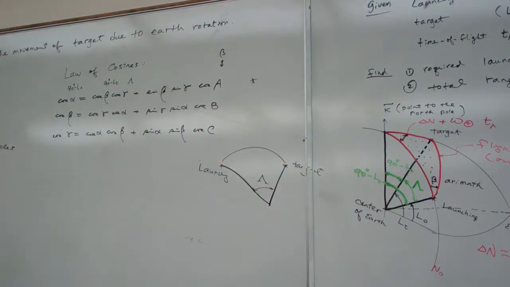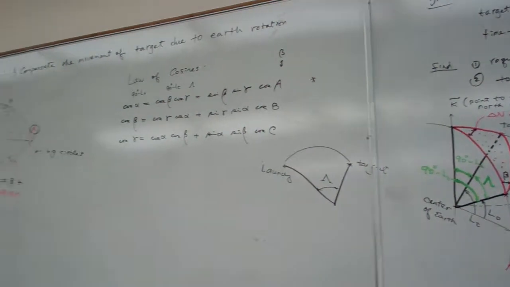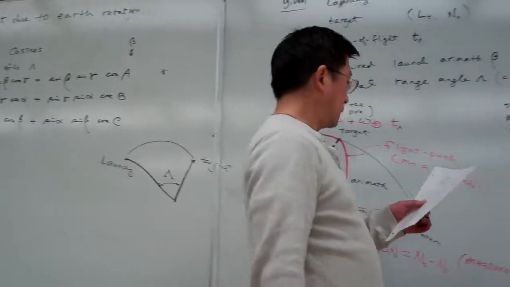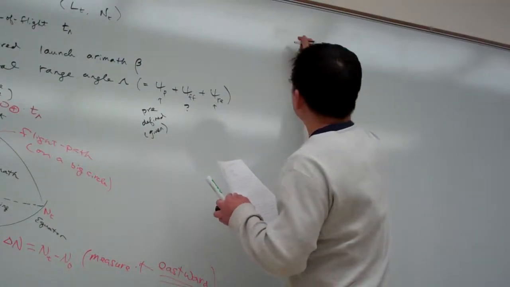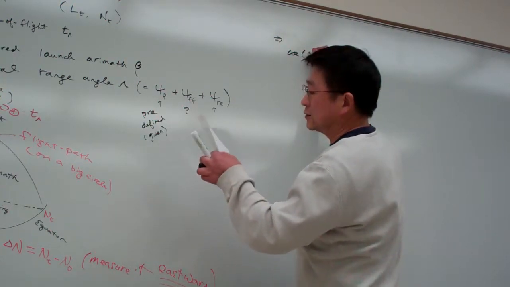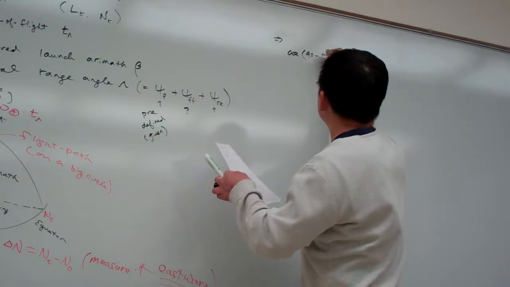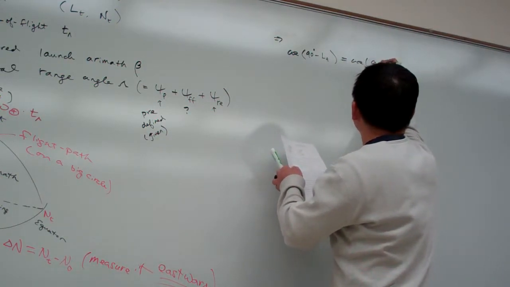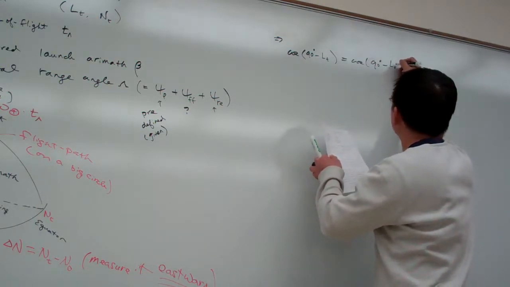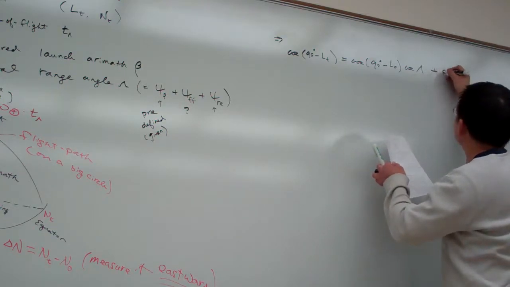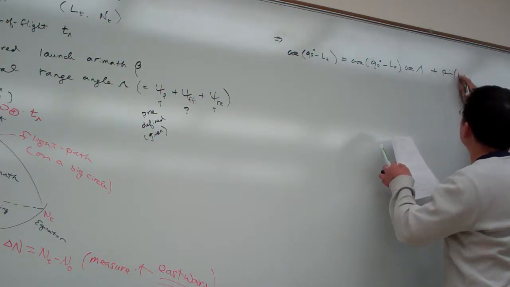So we do this kind of correspondence, then quickly we can put it into equations. So if I plug in there, cosine of 90 degrees minus LT equals cosine of 90 degrees minus L0 cosine gamma plus sine.